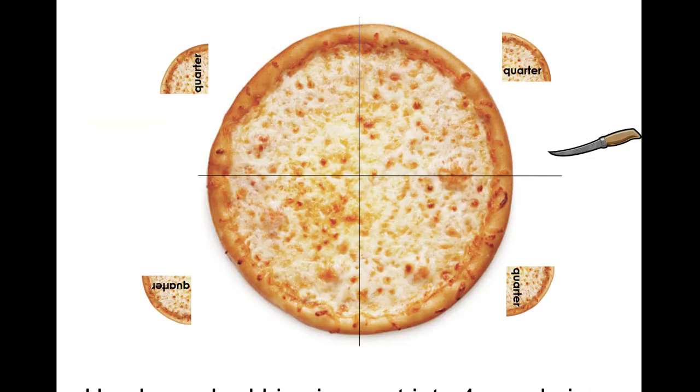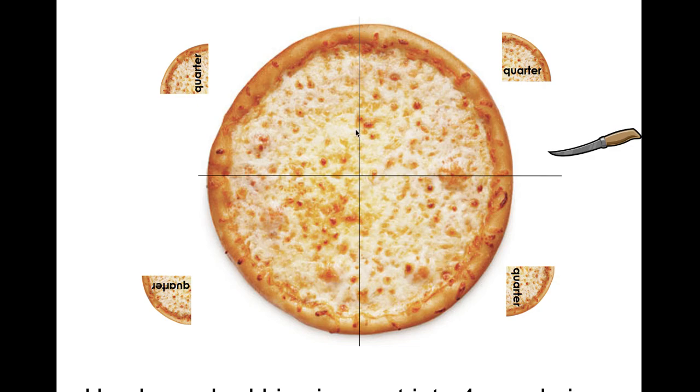So he always had pizzas cut into 4 equal pieces. 1, 2, 3, 4. So imagine that this would be a clock. And the clock is also broken up into these 4 pizza slices, just like how this pizza is. 1, 2, 3, 4.